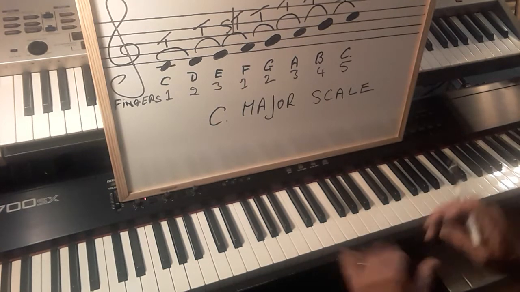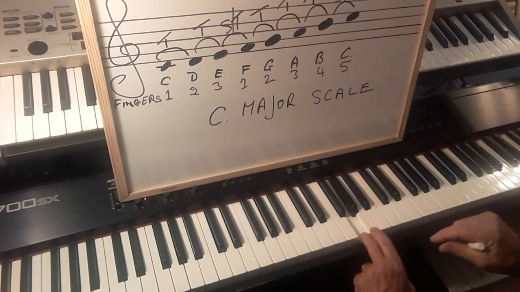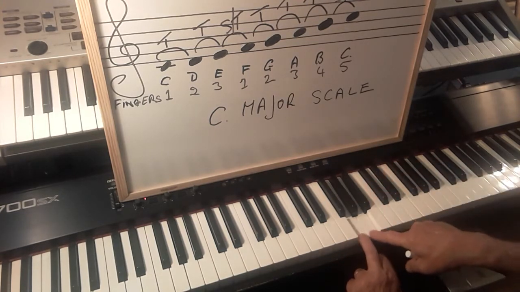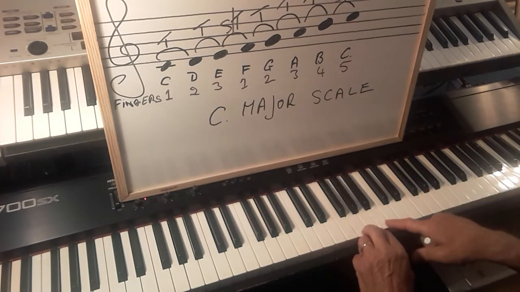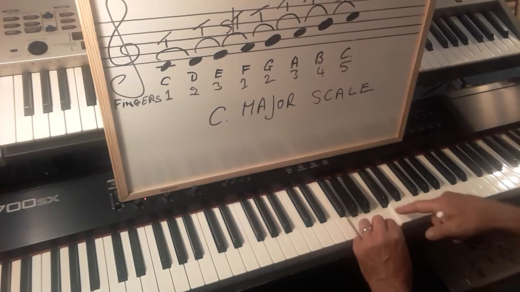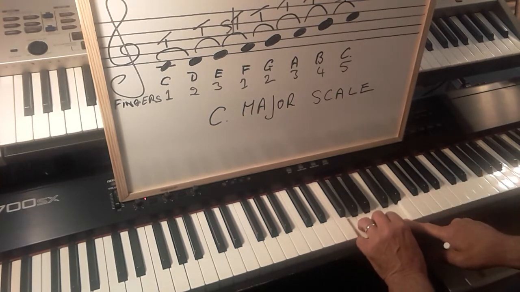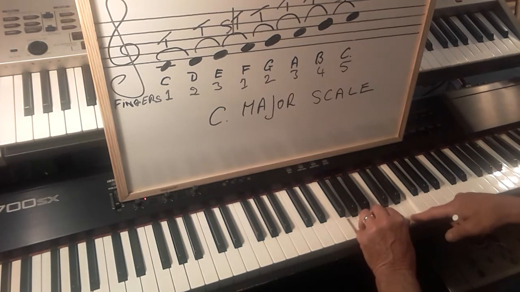Now you can start on any other note. Say if we're going to say G. There's G, tone. So G, A. Now we want another tone, which is B. Then we want a semitone. Then we want a tone, then another tone, now another tone. So in this case, this is where key signatures come in.